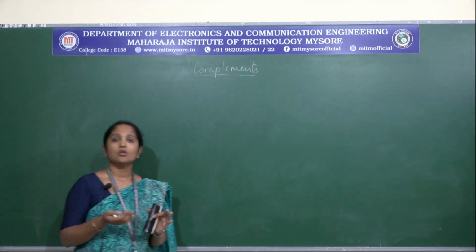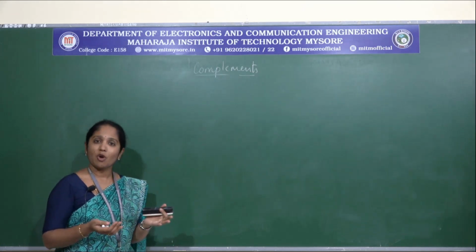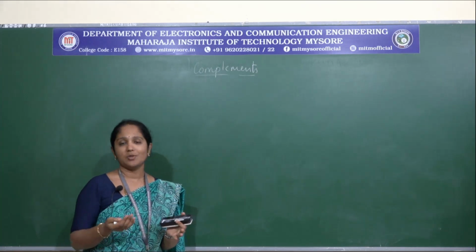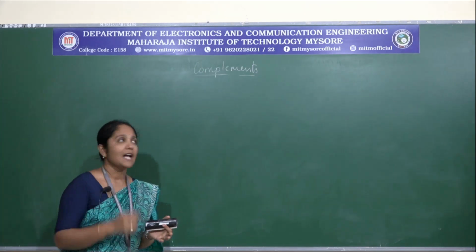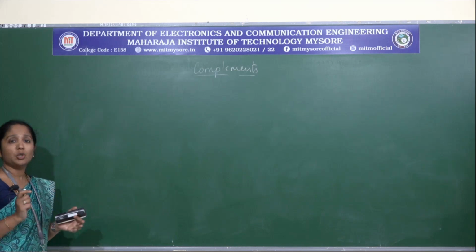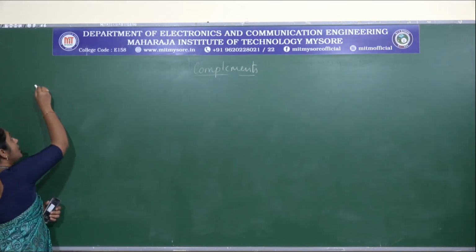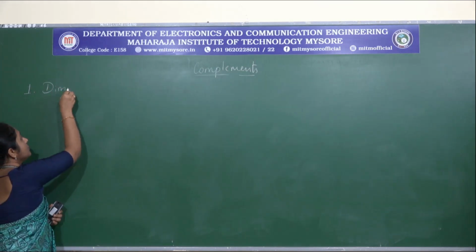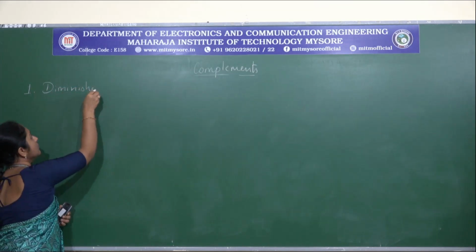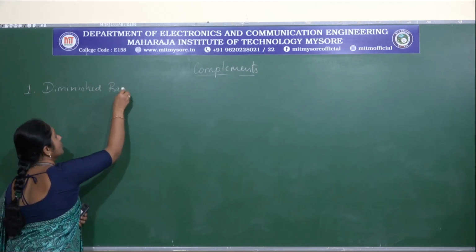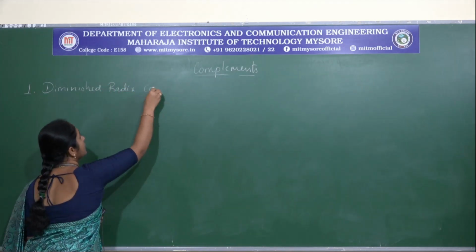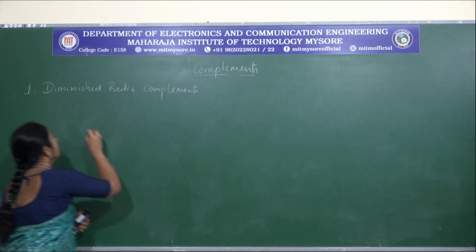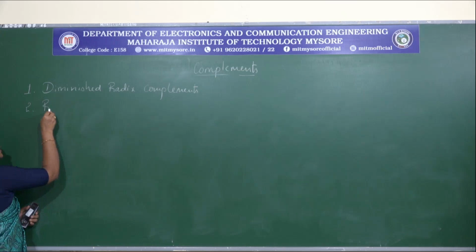Now let us learn what complements are, what the different types of complements are, and how to perform subtraction using complements. If you consider complements, there are two types. The first one is diminished radix complement. The second one is radix complement.